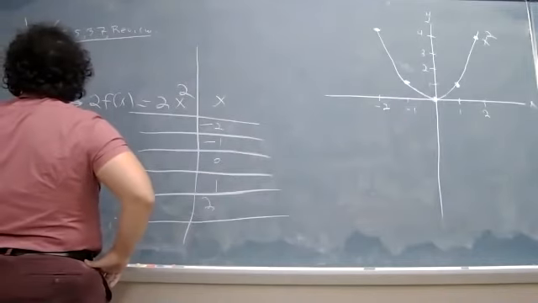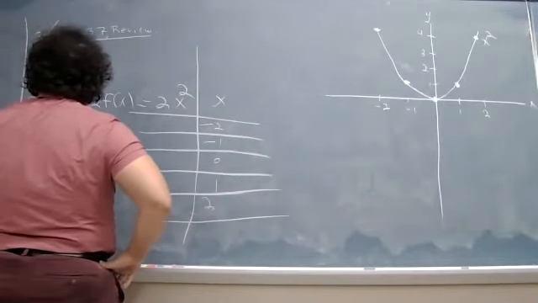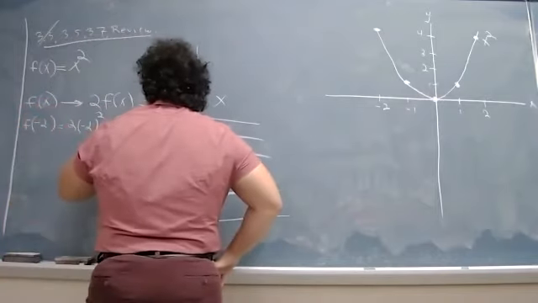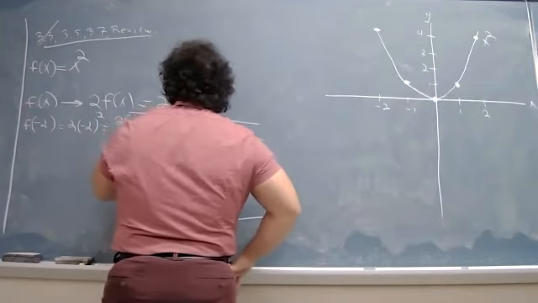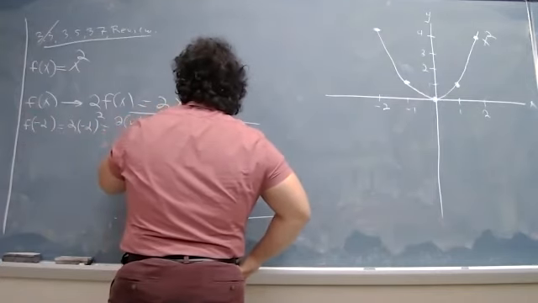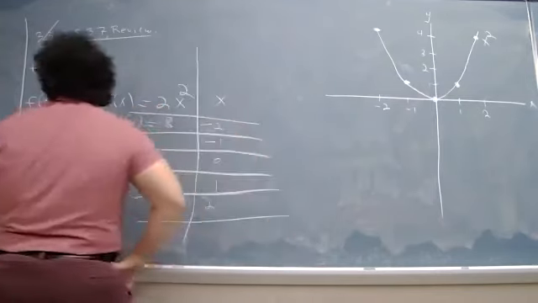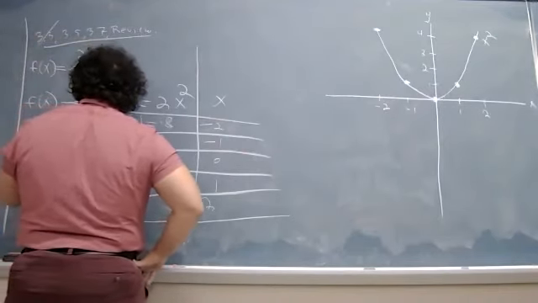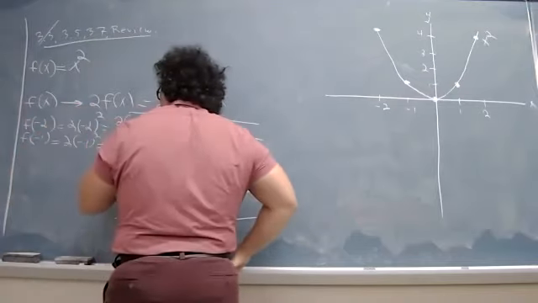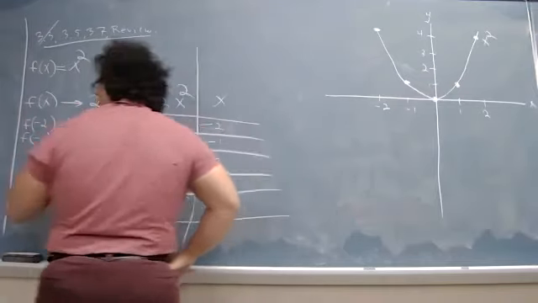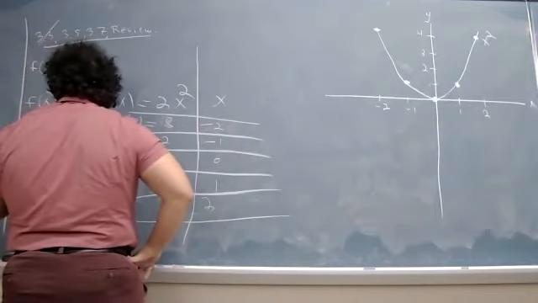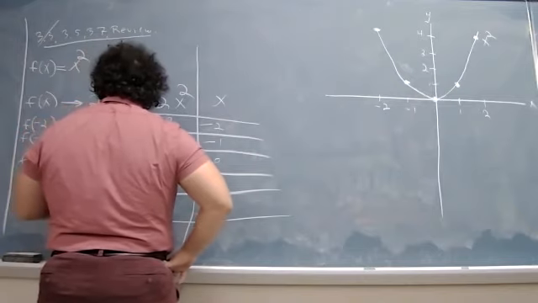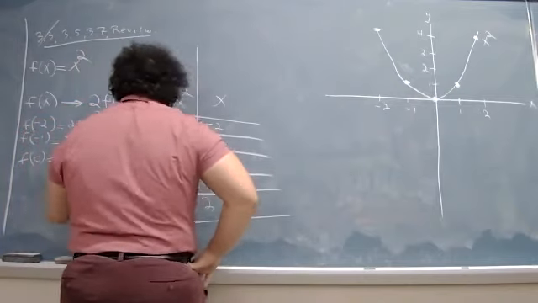F of -2 is the same thing as 2 times -2 squared, which is just 2 times a 4, which equals 8. What is f of -1? That's just 2 times -1 squared, which equals 2 times 1, which equals 2. What is f of 0? Oh, that's just 2 times 0 squared, which is 2 times 0, which is equal to 0.